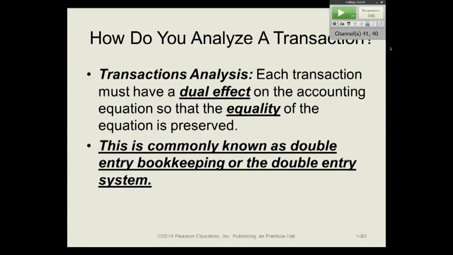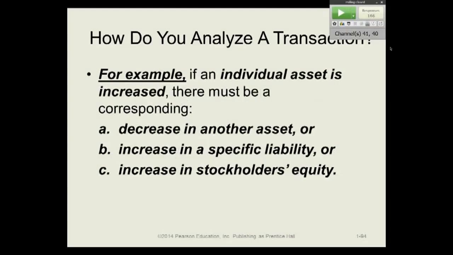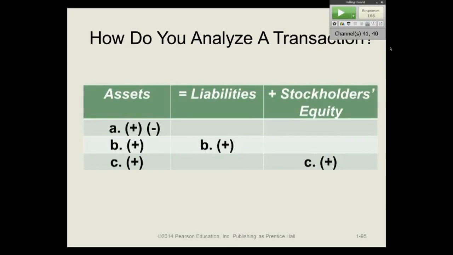Anytime you have a transaction that affects the equation, it's got to affect it so that the equality of the equation is preserved. So, for example, if you have an individual asset that increases, and I'll show you this on an equation in a second, then you have to either have another asset going down, or a liability going up, or stockholders' equity going up. So, in terms of the equation, that's what it looks like.